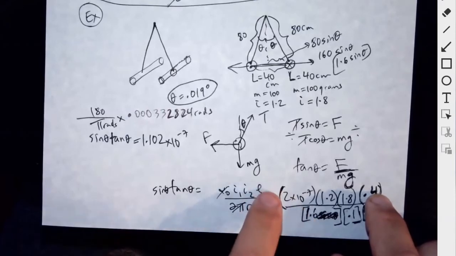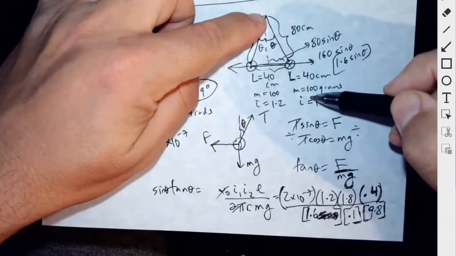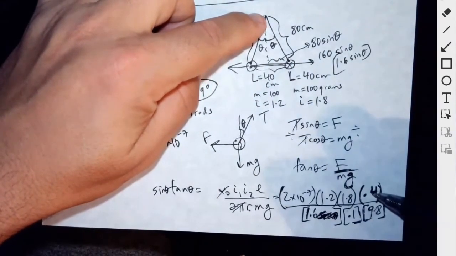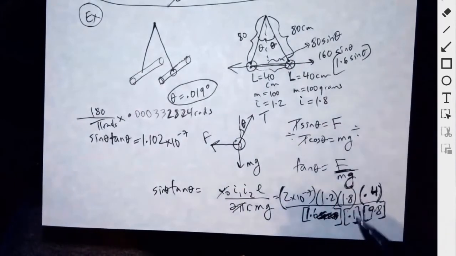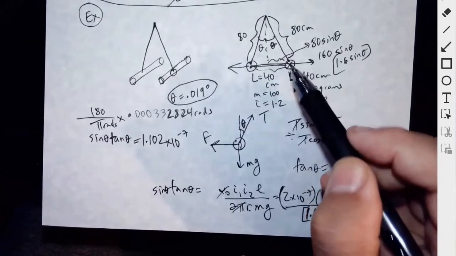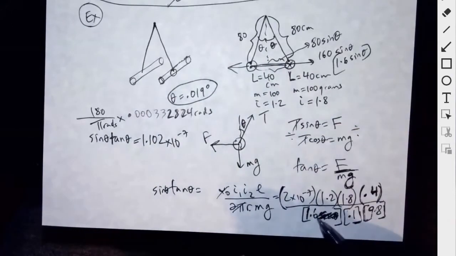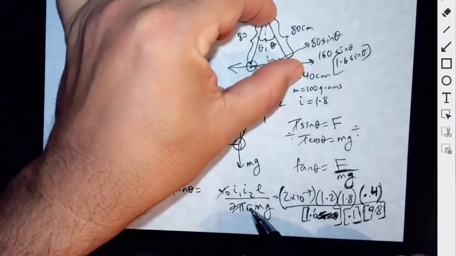I don't think changing the length changes anything. If we make it longer, we make this longer. Oh, no, hold on. This length and that length isn't the same at all. No, this is the length coming out this way. Oh, okay. So that's this length, and this is the length of the string.